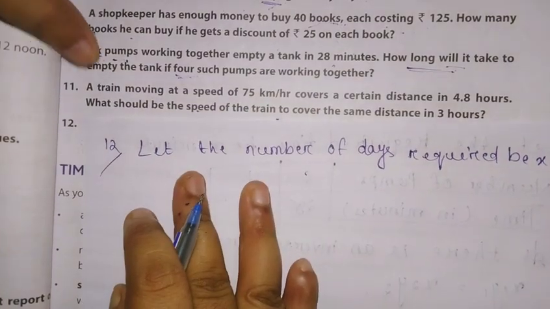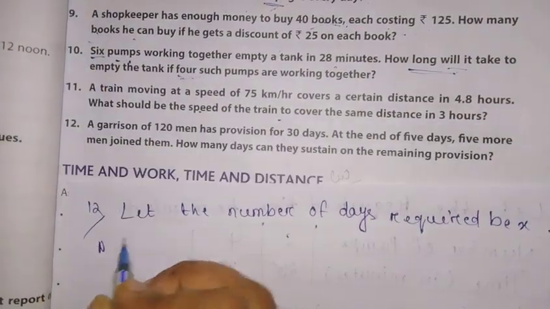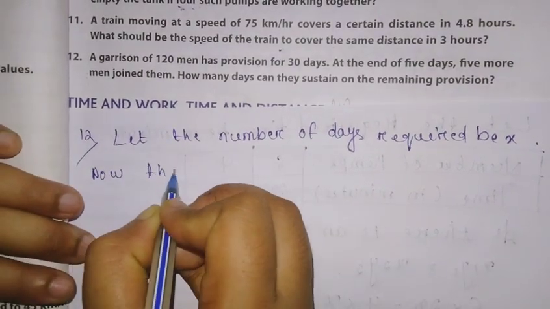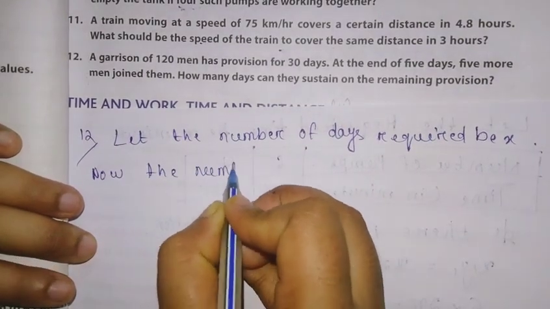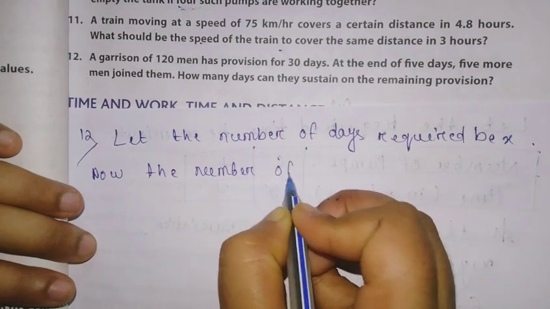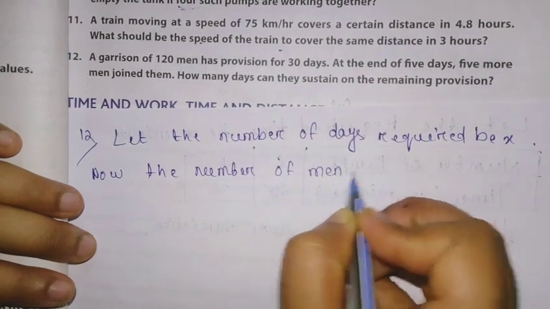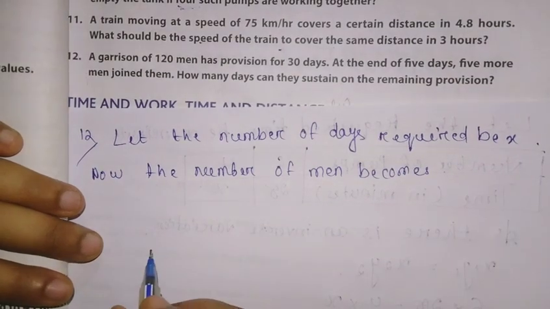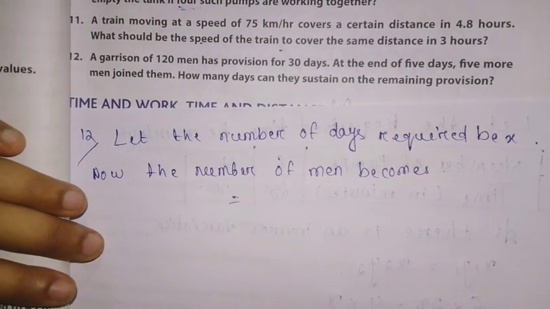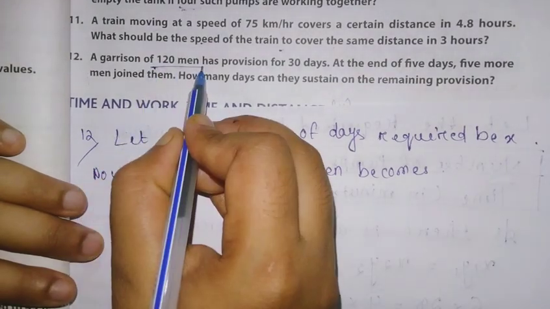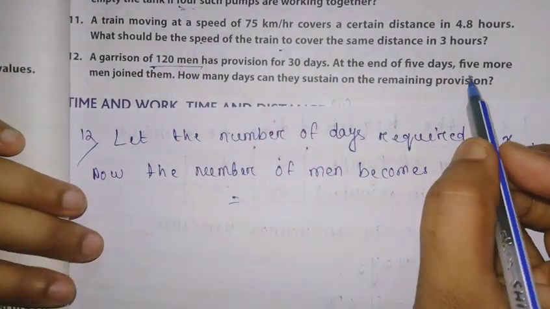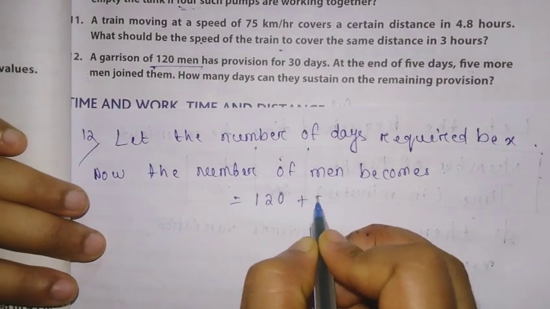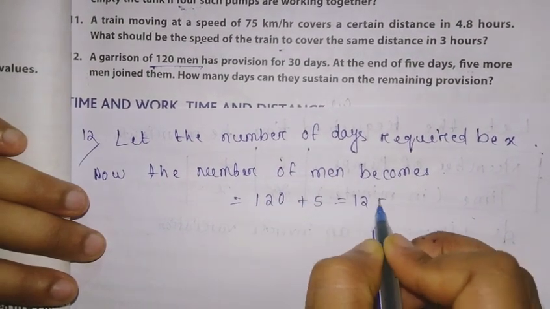Now the number of men becomes 120 men, then 5 more joined. 120 plus 5 equals 125.